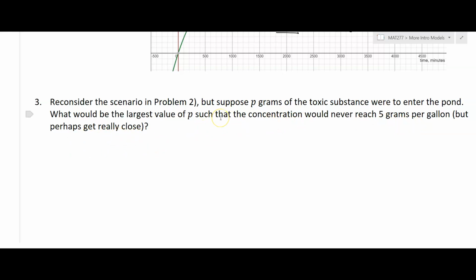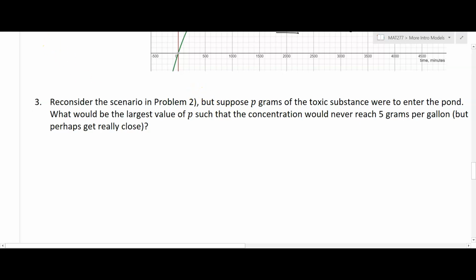So in other words, what's the largest concentration of this substance you can have so that it never reaches it? What's the upper threshold? Anything below p grams should result in a concentration that never reaches 5 grams per gallon.